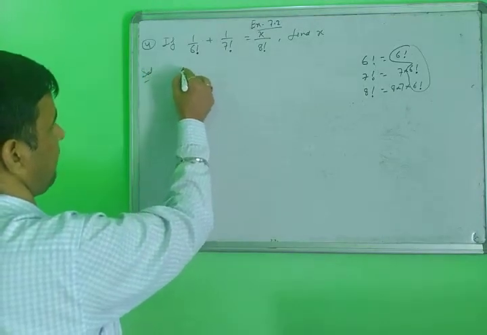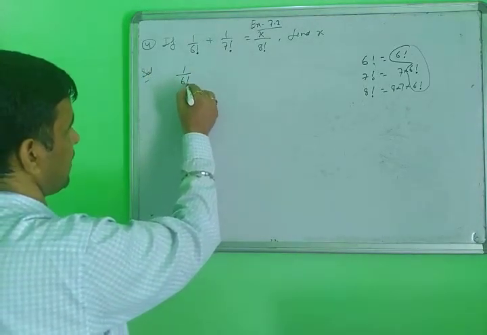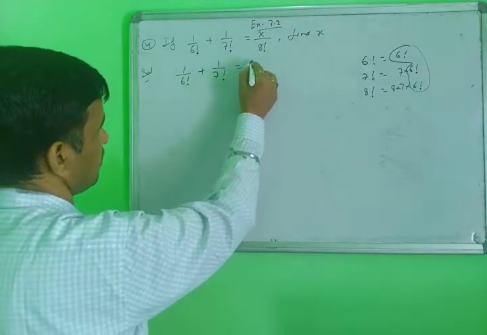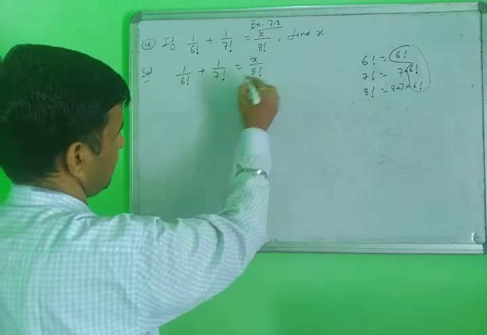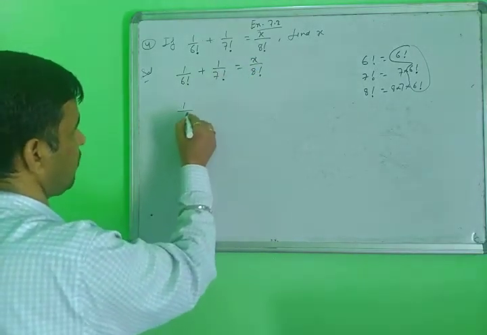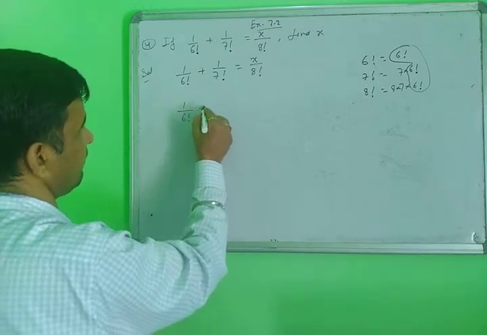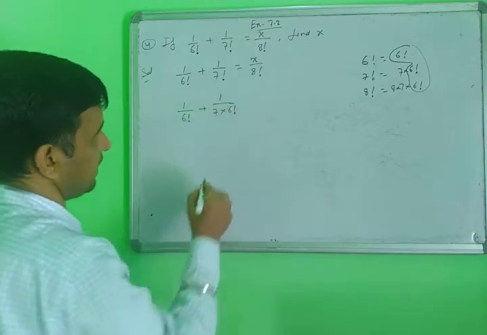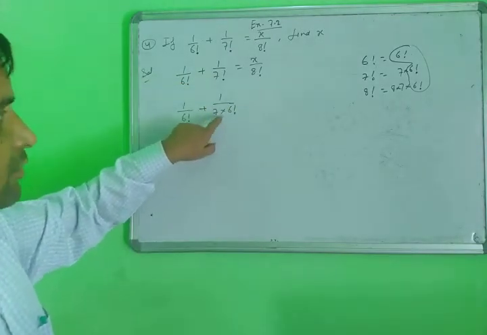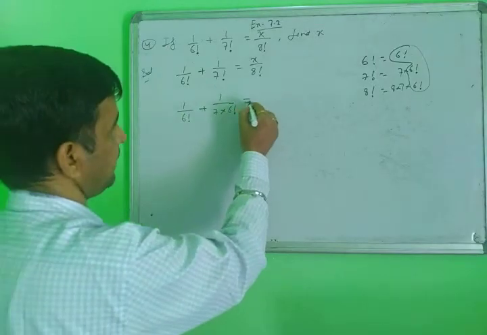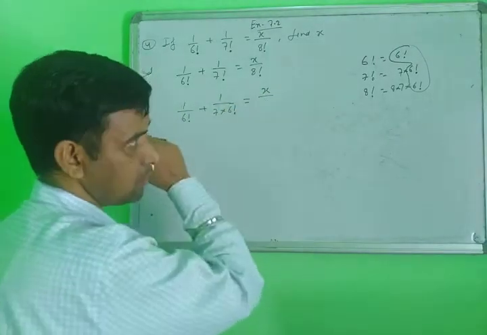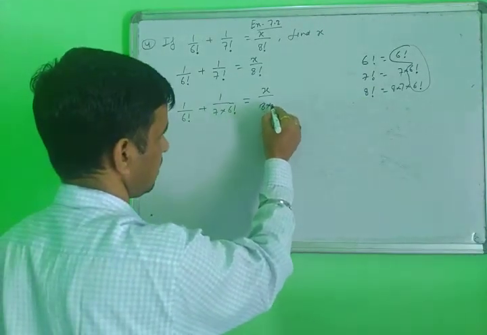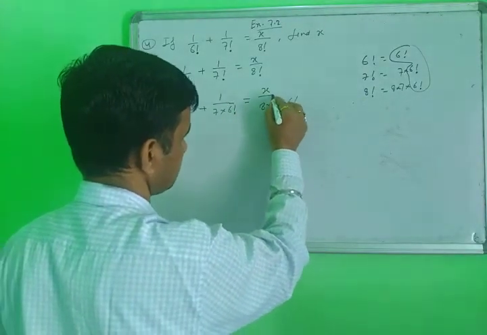Solution start. So 1 upon factorial 6 plus 1 upon factorial 7 equals x upon factorial 8. 1 upon factorial 6 you can write the same way, plus 1 upon 7 into factorial 6, breaking down factorial 7 into factorial 6, equals x upon, breaking down factorial 8 this way, 8 into 7 into factorial 6.